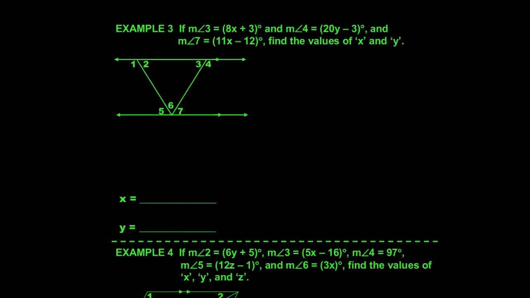Alright, so let's move on to the second page of our notes. And here we have example 3. Example 3 says if the measure of angle 3 equals 8x plus 3, so I'm going to find my angle 3 and put in 8x plus 3, and the measure of angle 4 equals 20y minus 3, so 20y minus 3, and the measure of angle 7 equals 11x minus 12.